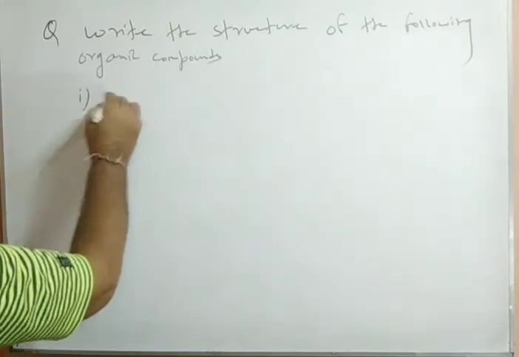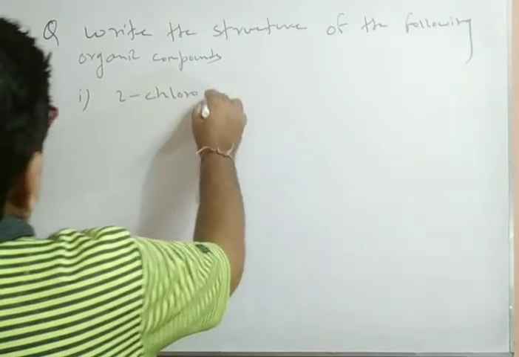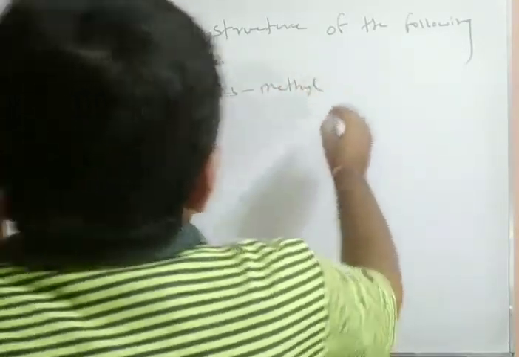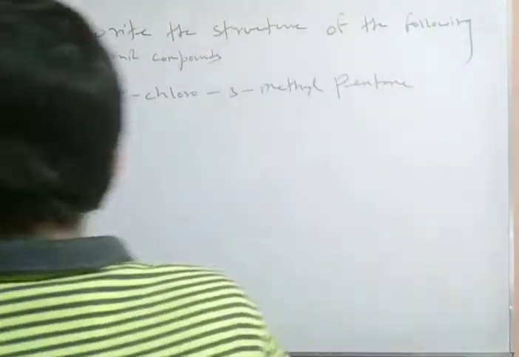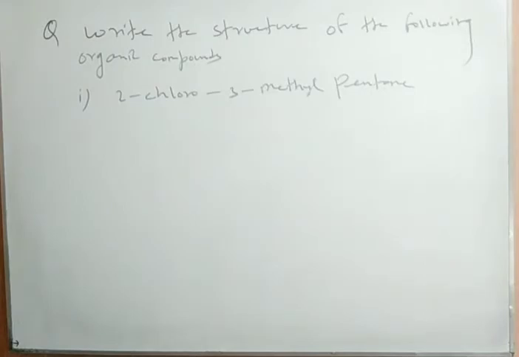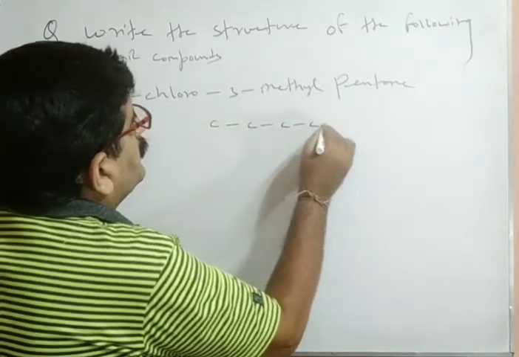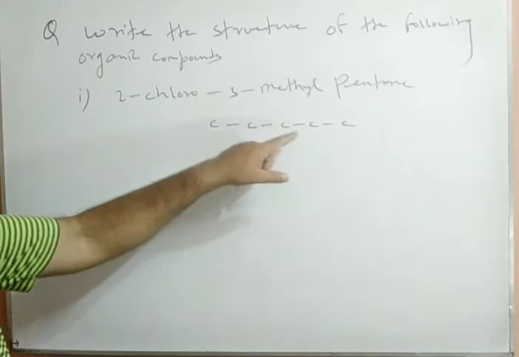Suppose first is given 2-chloro-3-methylpentane. So pentane means a carbon chain, that is 1, 2, 3, 4, 5.